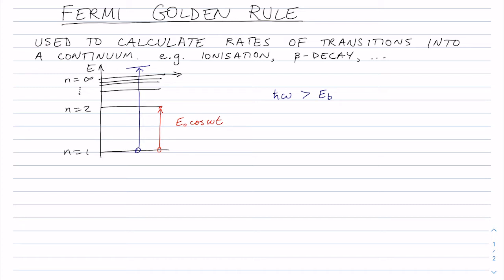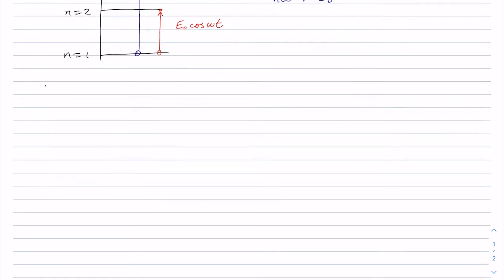The first thing we need to do is define the density of states and remind ourselves of what it is, because when we're talking about the wave functions in the continuum, what are we talking about? If we forget about the fact that we have an atom at all, just for a moment, then to define the density of states we have to discretize our space.